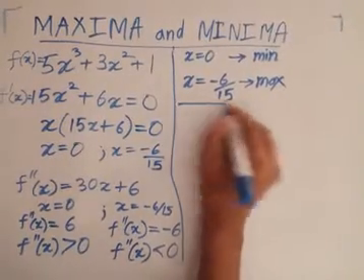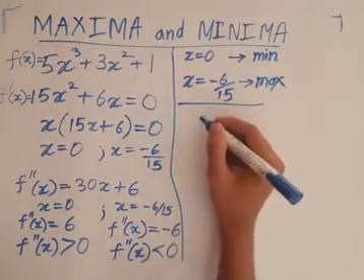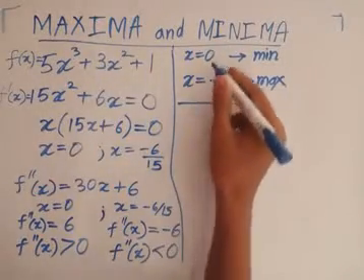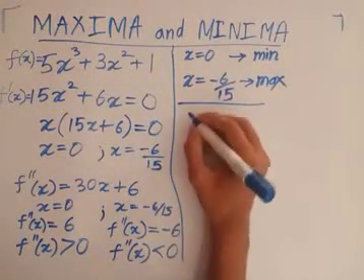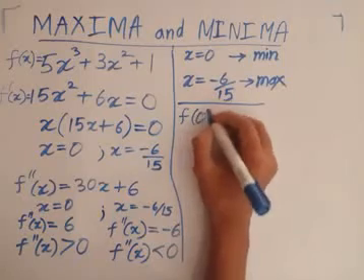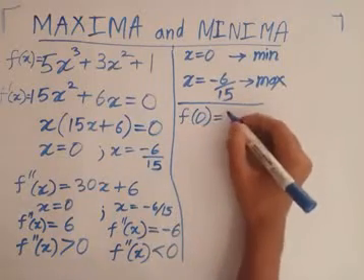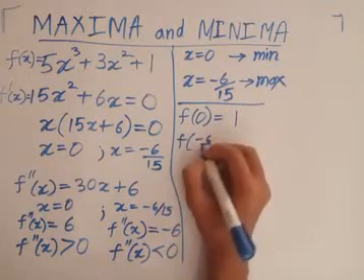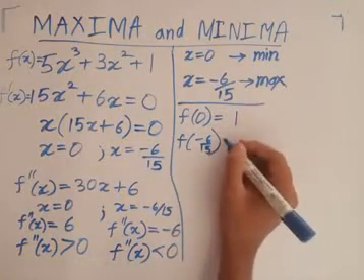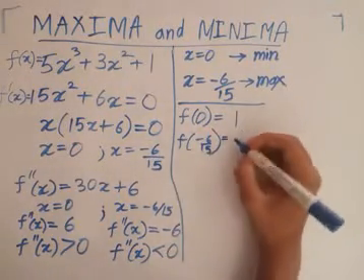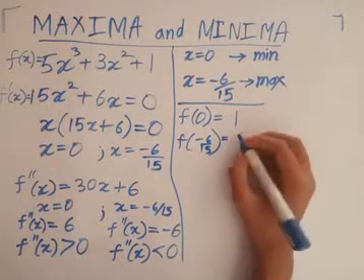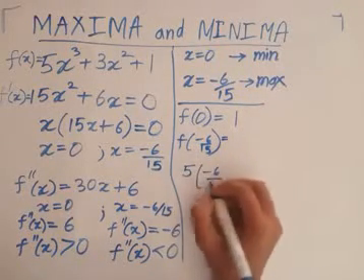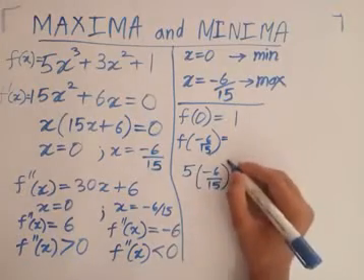Okay, so now after I have found these, I'll go ahead and find the y values corresponding to these two x ones. So if I put x is equal to 0, I have just equal to 1 here, and when x is equal to minus 6 by 15, okay, so this value you can probably calculate by yourself, so I'll just write down what it is.